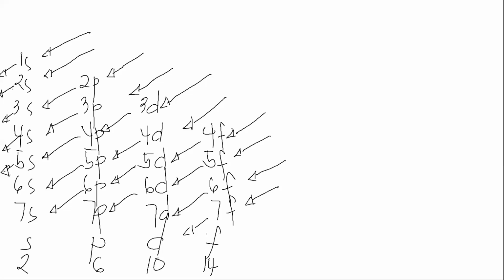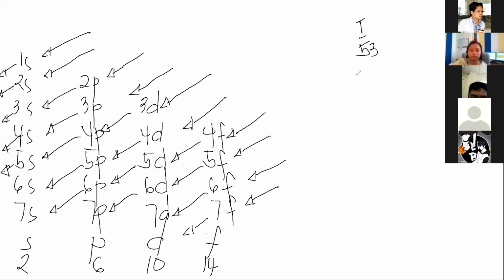What is the atomic number? 53. Correct? Yes. So iodine has an atomic number of 53.